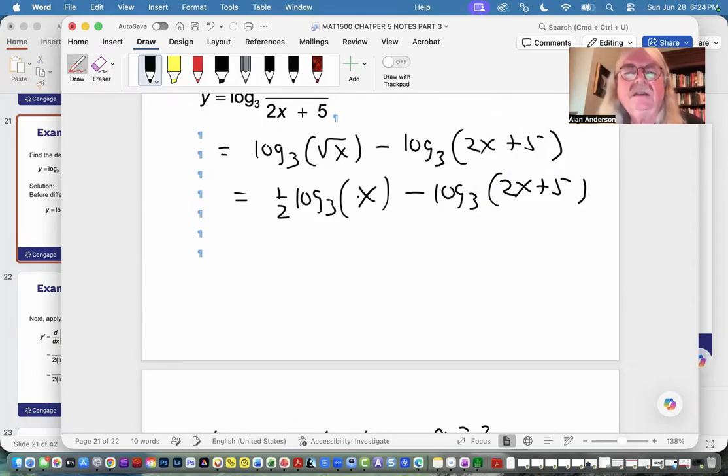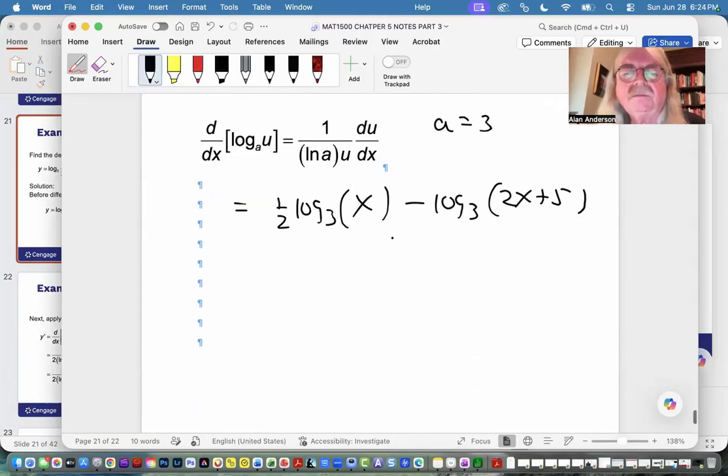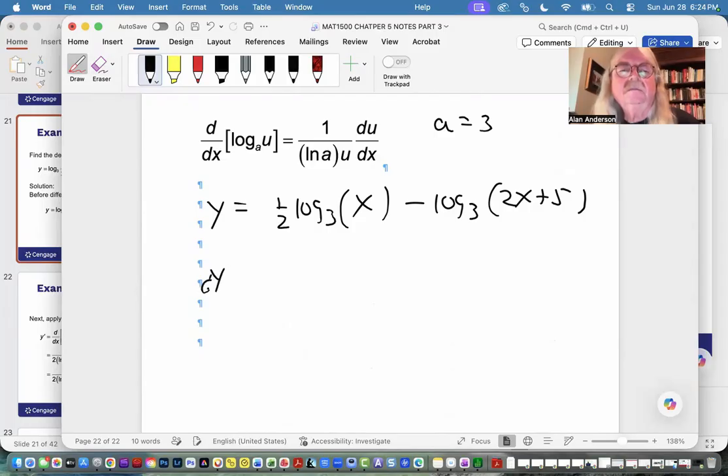Let's fix that. So the derivative of this, which is what we're ultimately after, so we factor out the 1/2.